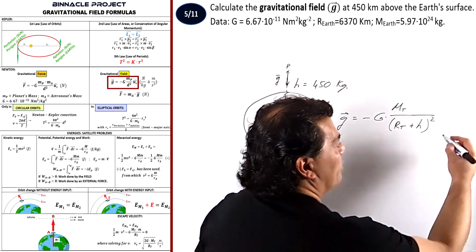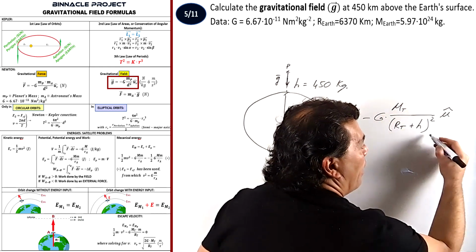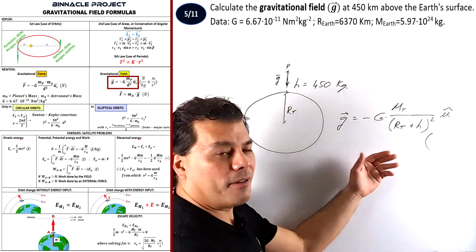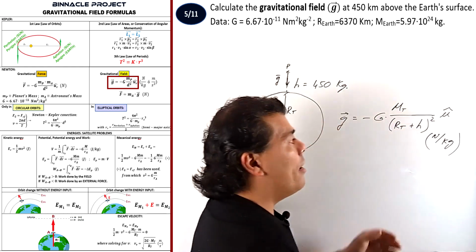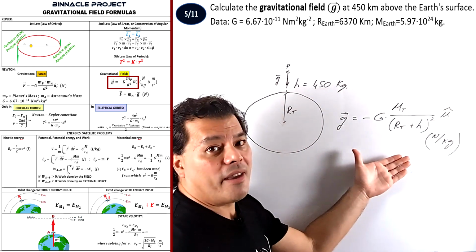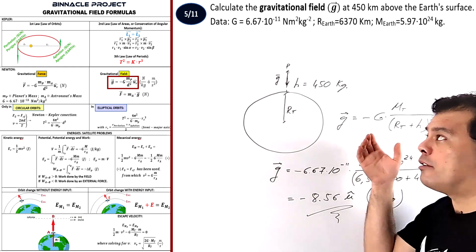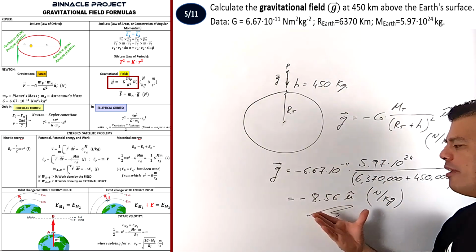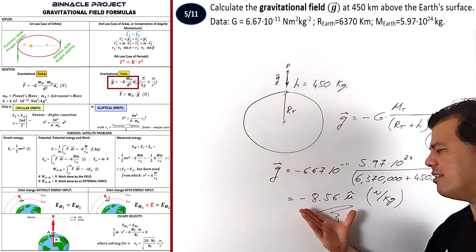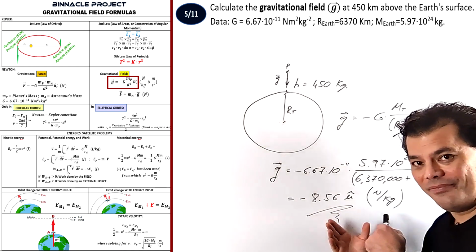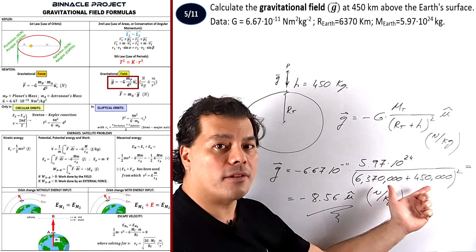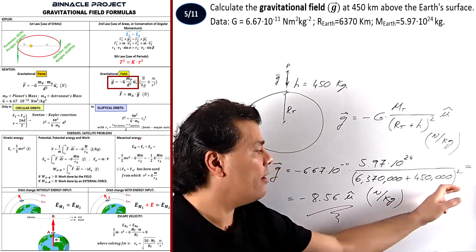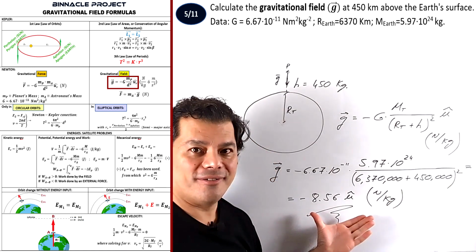Don't forget the unit vector and the units of this magnitude, that is newtons per kilogram. And now let's use our calculator. If you substitute the numerical values, you will obtain negative 8.56 newtons per kilogram. Please be careful with placing the distances in meters. Don't forget to square, and here is the result.